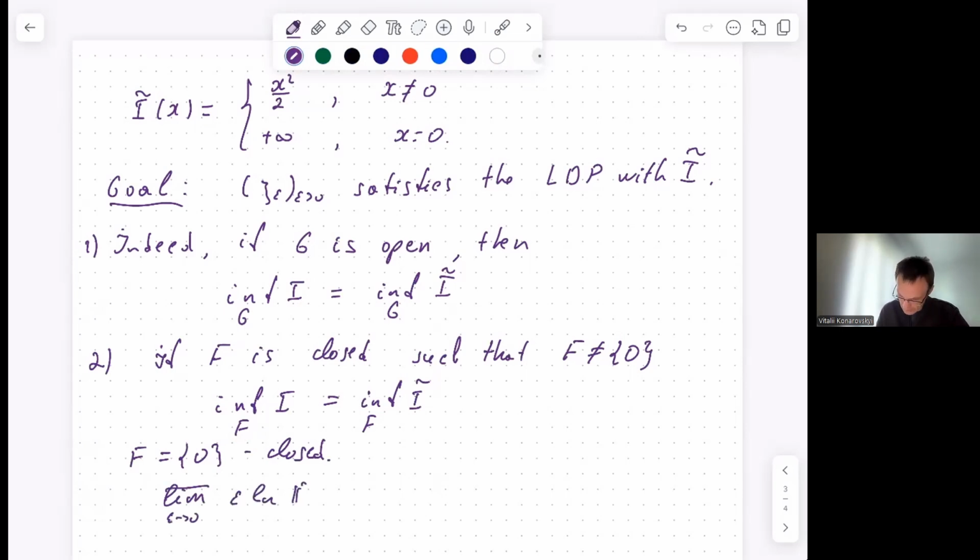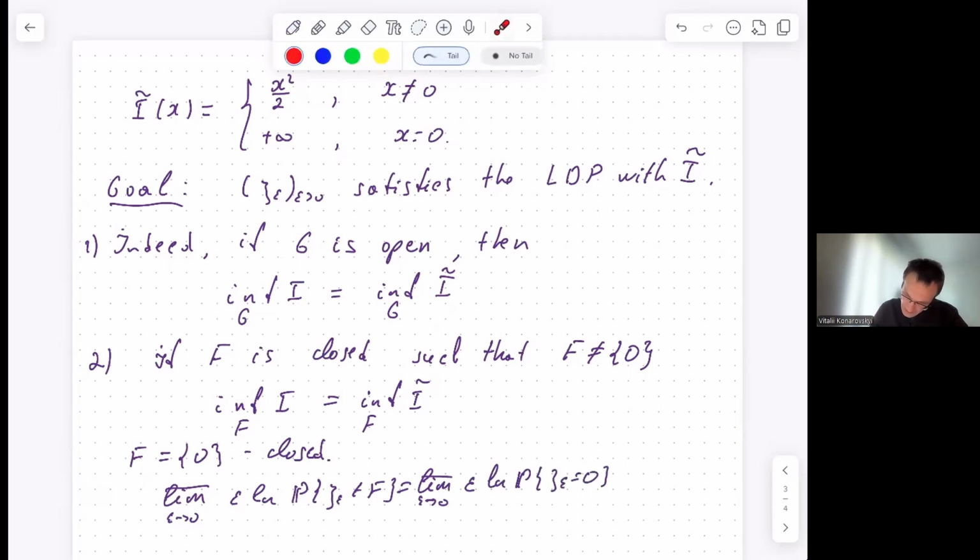Epsilon logarithm of the probability that psi epsilon belongs to F is the limit as epsilon goes to 0 of epsilon logarithm of the probability that psi epsilon is equal to 0. But you see that the random variable psi epsilon has a normal distribution. It has a density, and we know that the probability that a random variable with density is equal to some point is equal to 0.